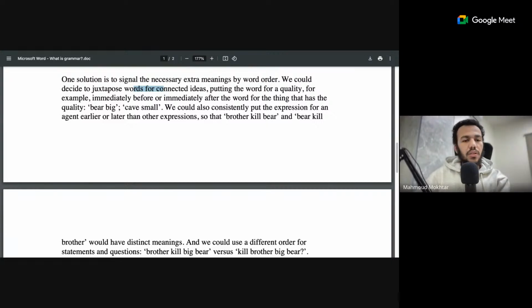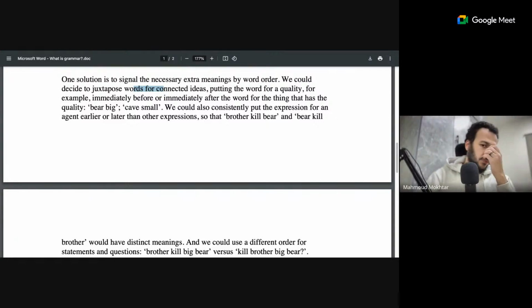To juxtapose is to place or deal with close together for constructing effect.